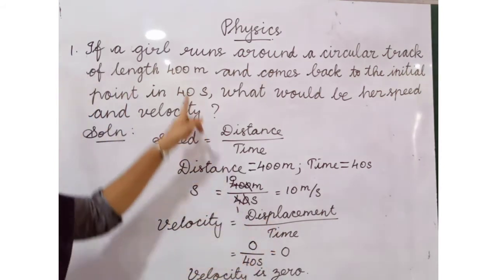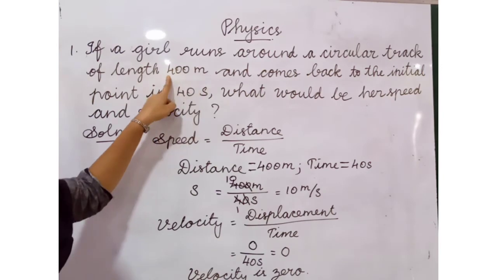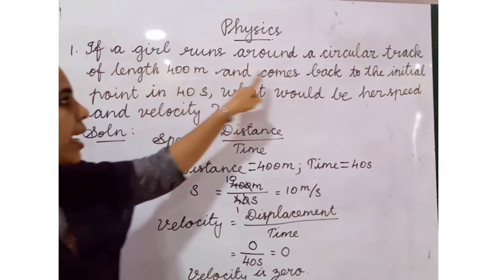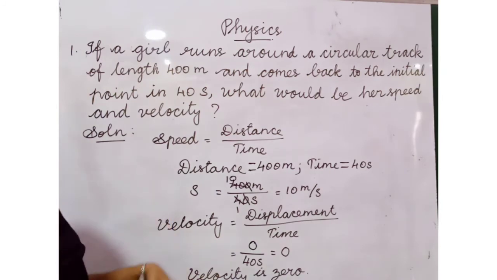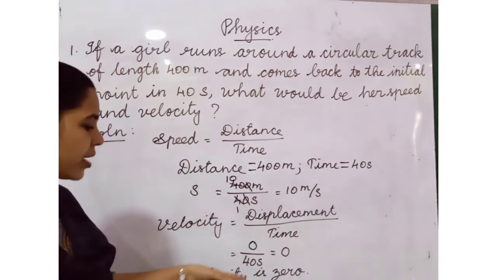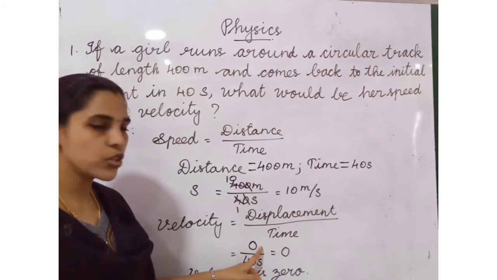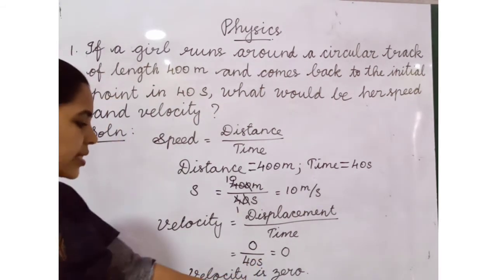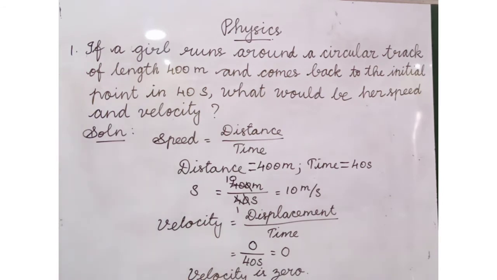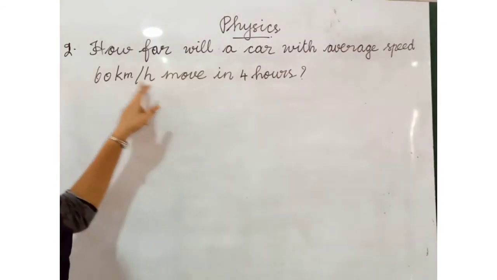Displacement is equal to 0 because she moves 400 meter and comes back. When she comes back the same way, the displacement is equal to 0. So 0 divided by 40 seconds. So velocity is 0.